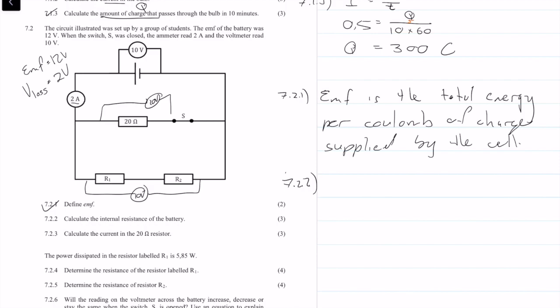I'm going to use the method that the voltage loss is equal to I, the current through that main battery, highlighted in green, times small r, which is the internal resistance.